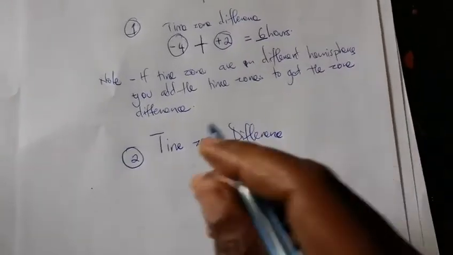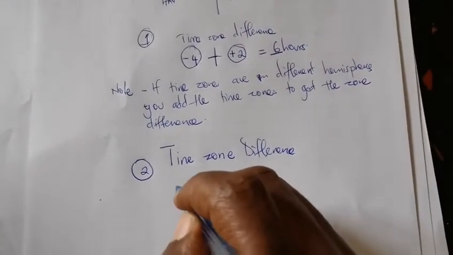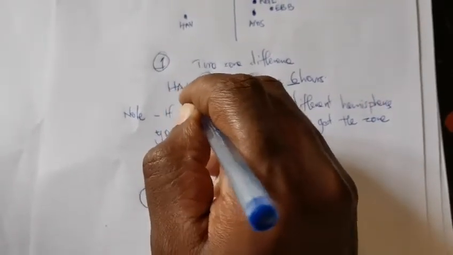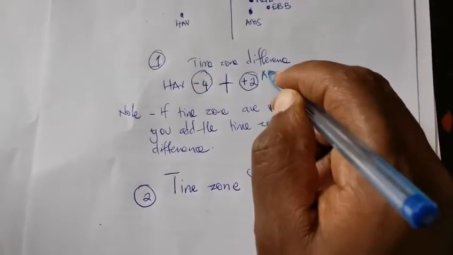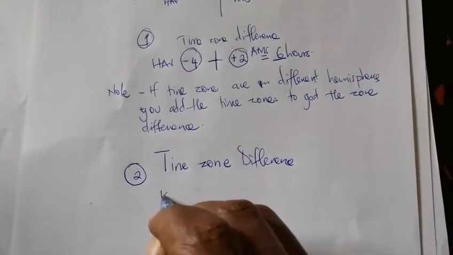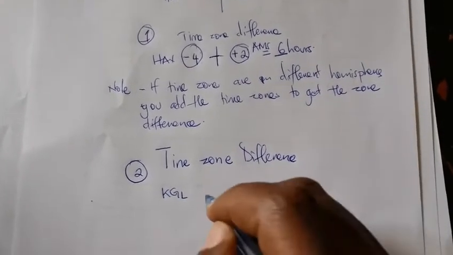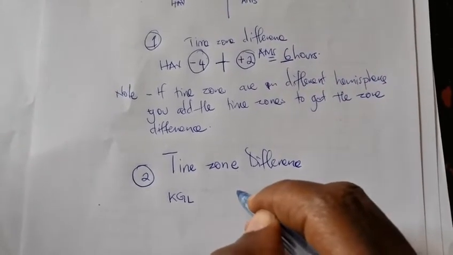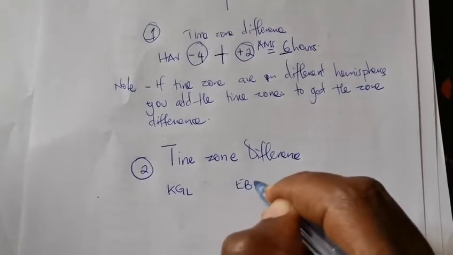So in this case, we have KGL and we also have EBB.